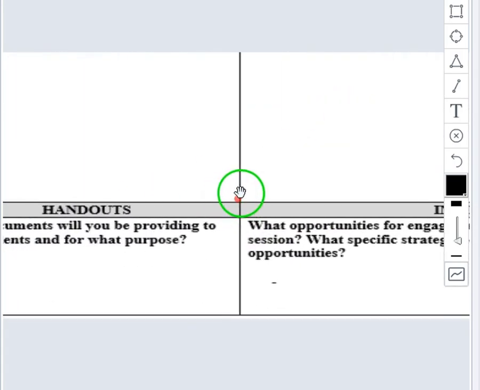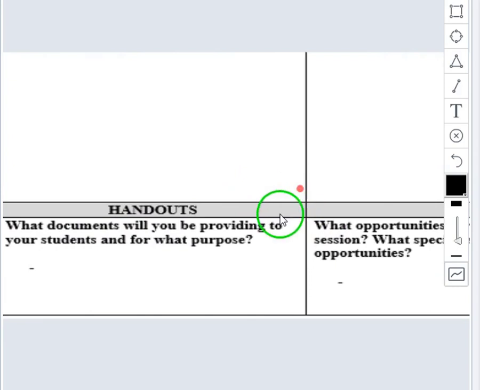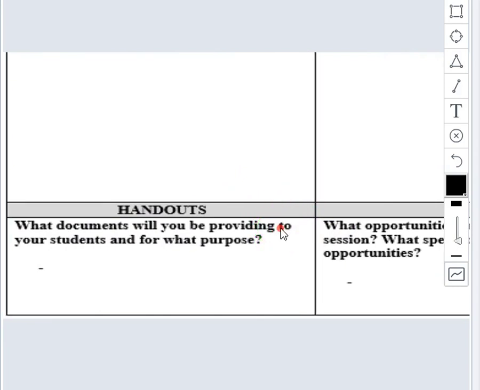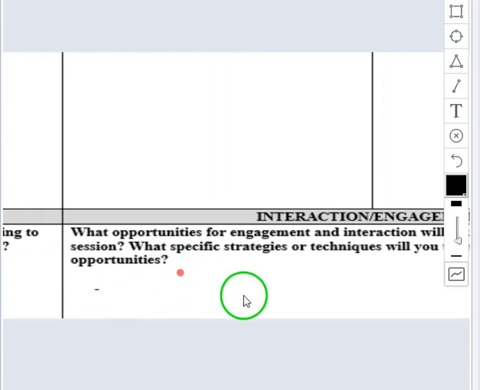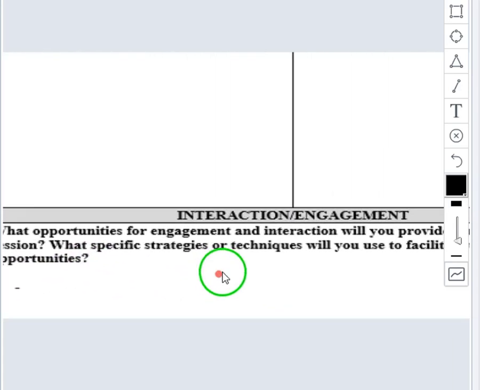And then down here at the bottom, this is really just to hold yourself accountable more than anything, because you do want to have some handouts, some guided notes, some sort of graphic organizer to keep your students on task and focused and engaged in what's going on. And then you want to intentionally plan for interaction and engagement with your students.